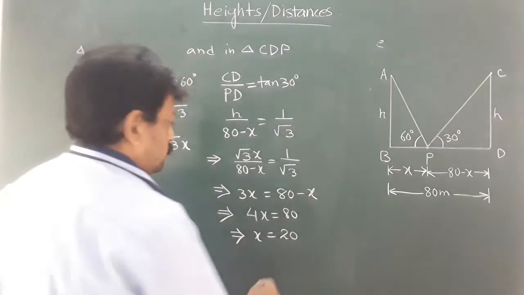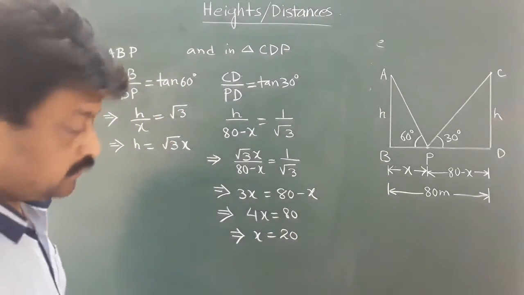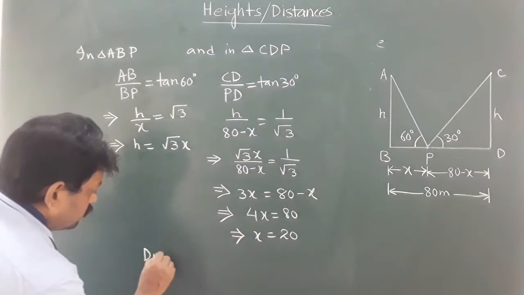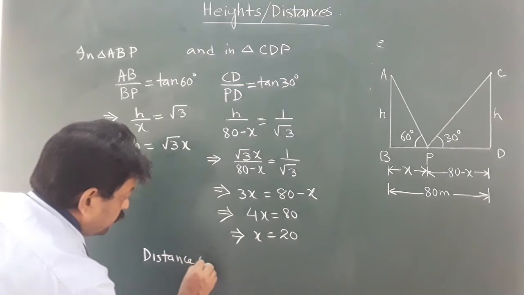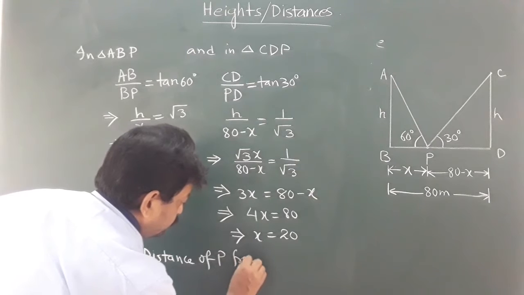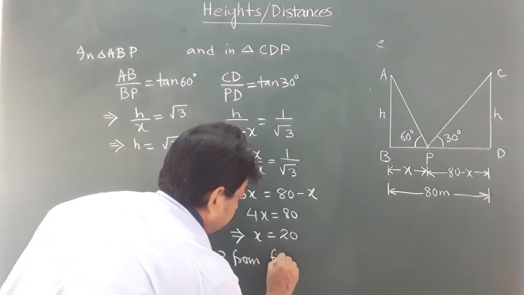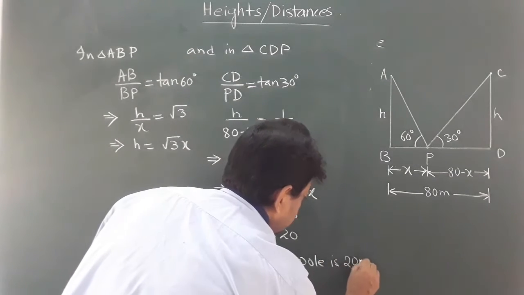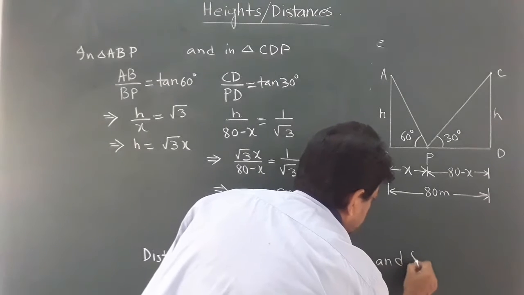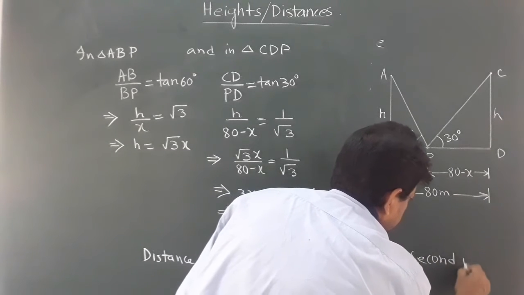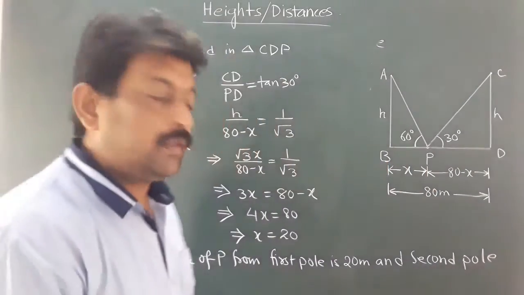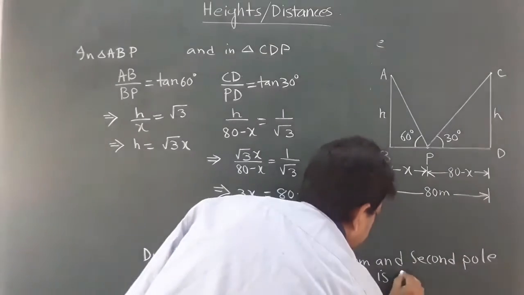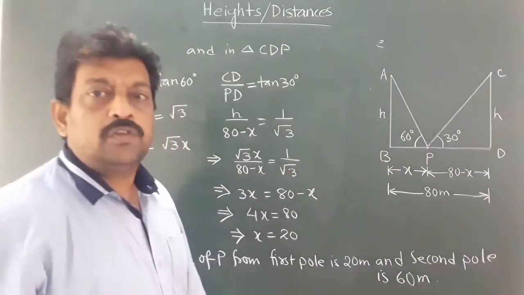So therefore, one of the answers we have got: the distance of P from the first pole is 20 meter, and from the second pole it is 80 minus 20, that is 60 meter. So this is one of the answers.